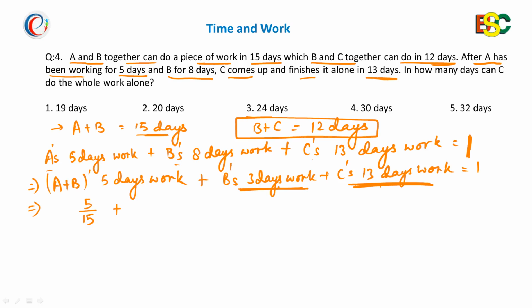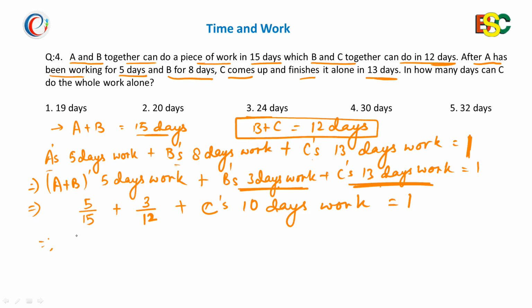So in 3 days the amount of work completed by them will be 3 by 12, since B and C together complete the whole work in 12 days. Plus C's 10 days work, right? Because 3 days we have already taken common with B, which is equivalent to 1.